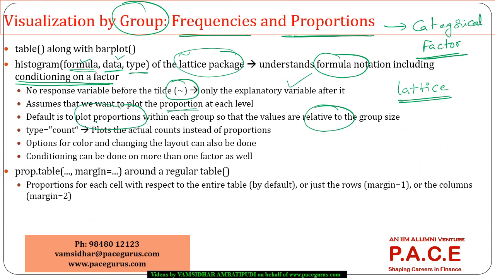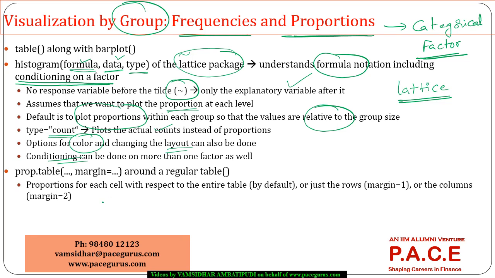By default, it will do the proportion, but I can set it to count, wherein I'm doing the actual counts instead of proportions. I have different kinds of options to play around with the color. I can play around with the layout. I can do the conditioning on more than one factor as well. All these kinds of things improvise our visualization of the data per group.